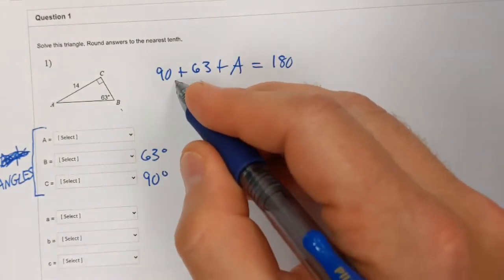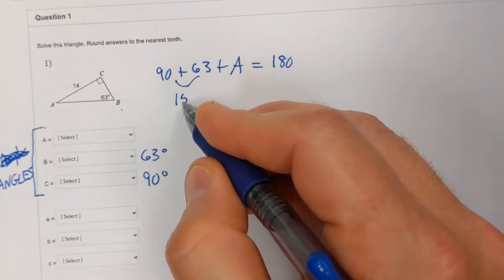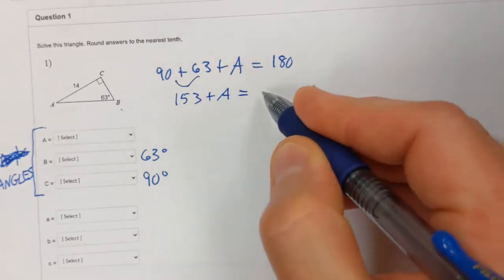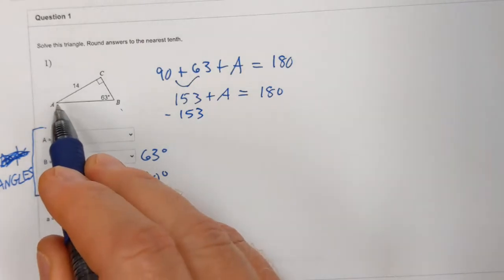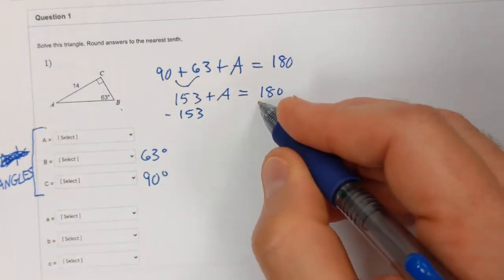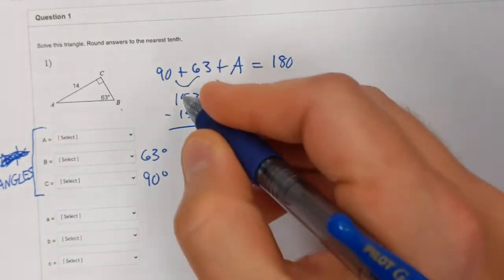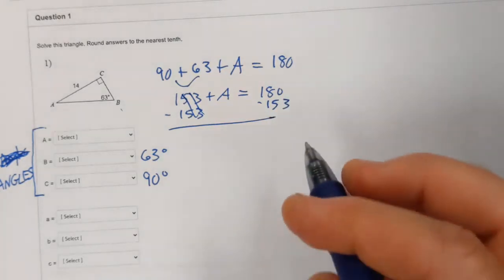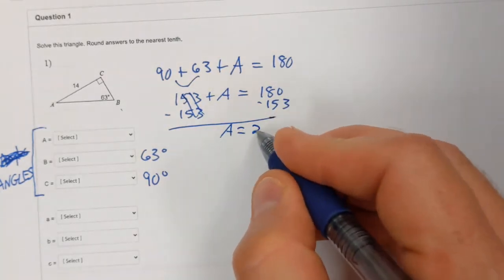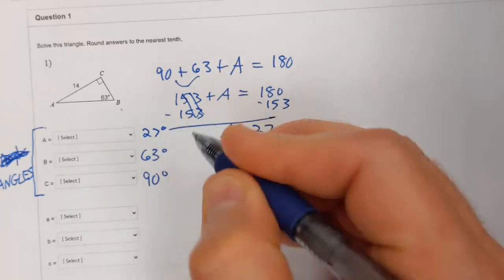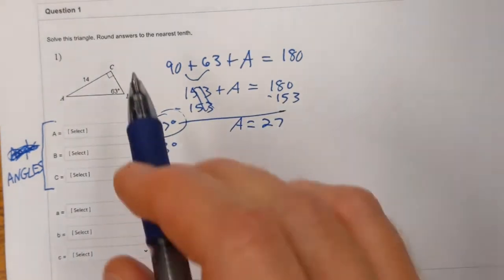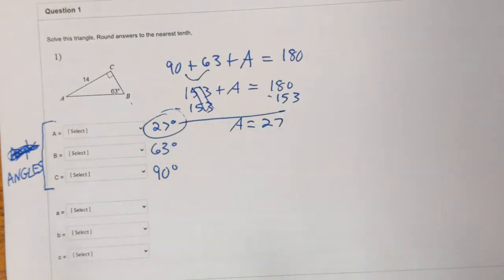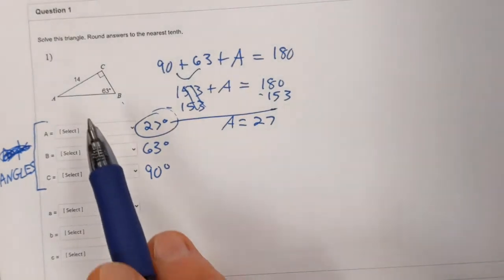So just using a little bit of basic math, a little bit of basic algebra, I should say, angle A is just going to be 180 degrees minus 153 degrees, which comes out to 27 degrees. So right off the bat, boom, there's how we find, if we're given 2 of the angles, the 3rd missing angle of the triangle.